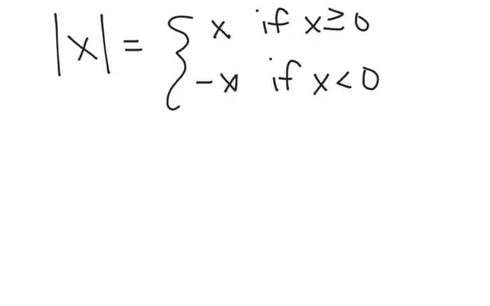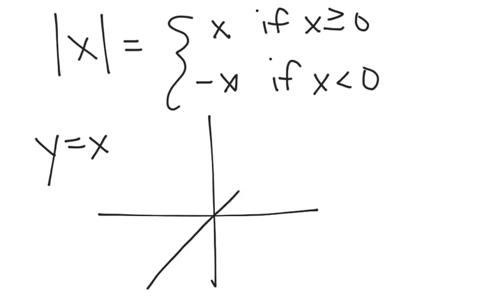The absolute value function is a very interesting function because it's really just a piecewise function. So, if you think about the equation y equals x, and you graph that on the coordinate plane, it looks like this. Well, what happens when I stick absolute value bars around it? That means all the outputs become positive. That means you can't have any negative outputs.